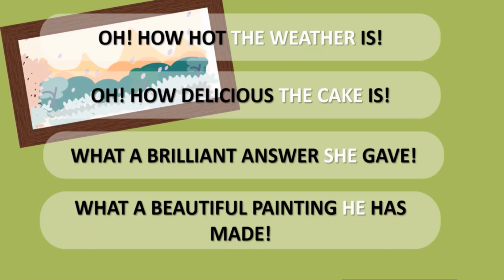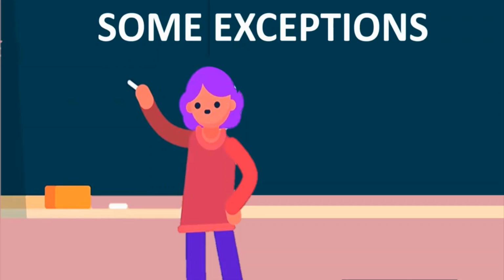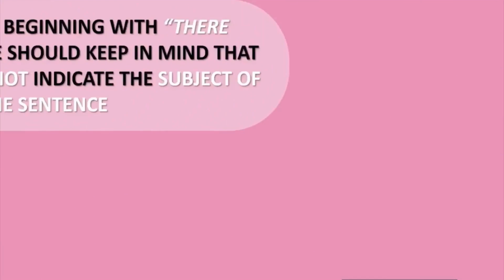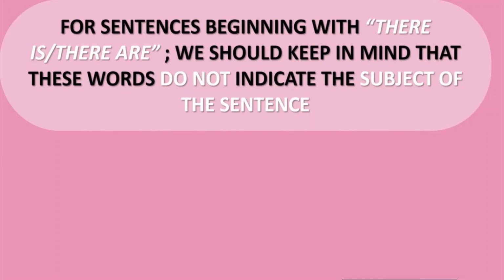So we have seen how to find the subject in all the different types of sentences. Now there are some exceptions, like sentences which begin with there is or there are.